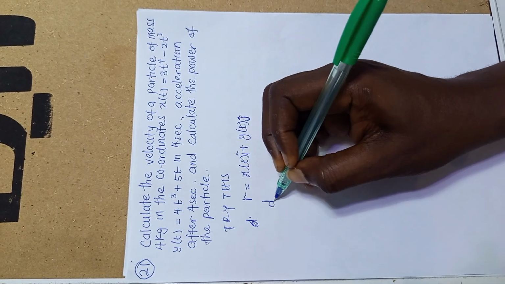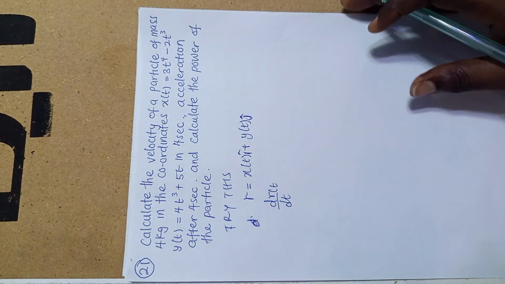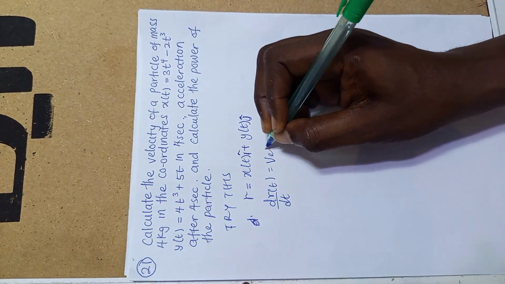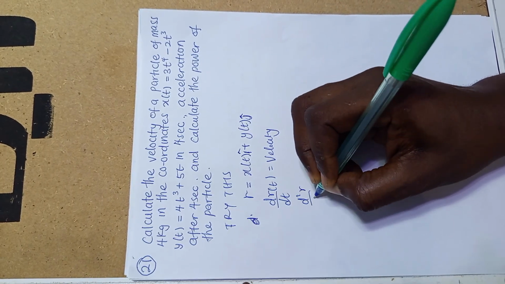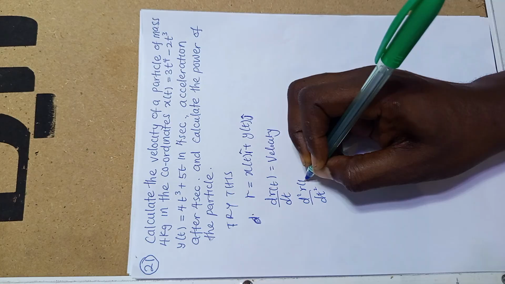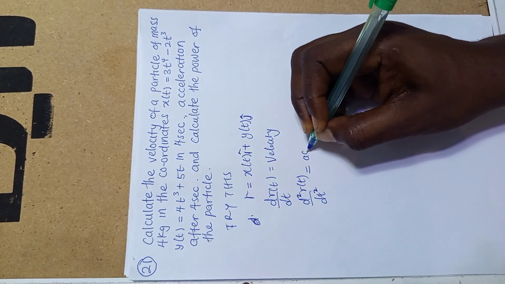Having done that, differentiate r with respect to t to get your velocity. Then the second derivative of r with respect to t gives acceleration.